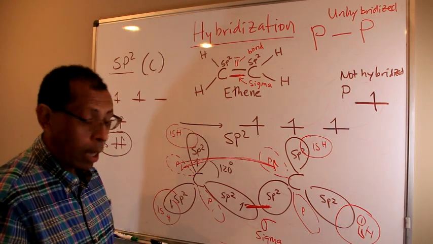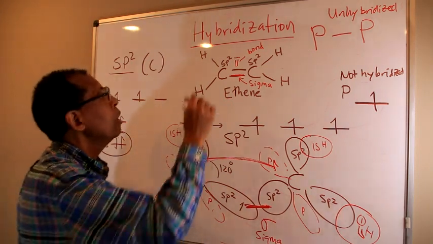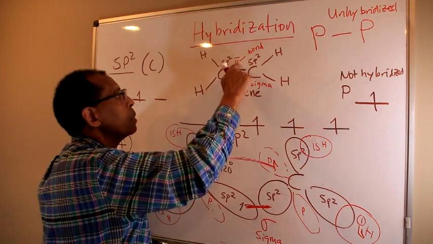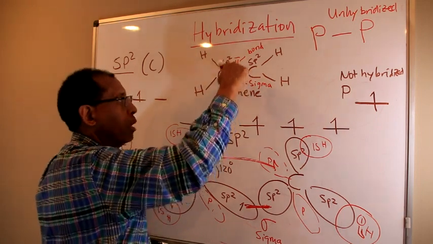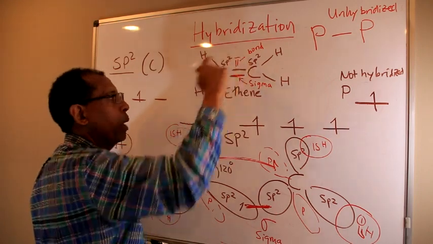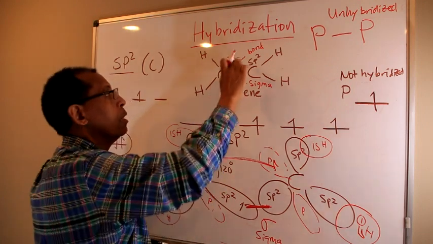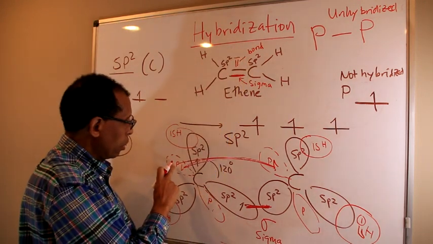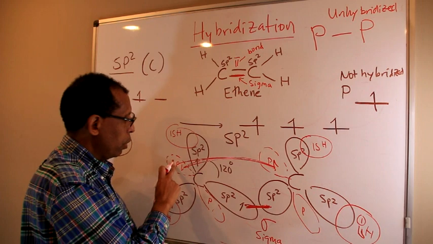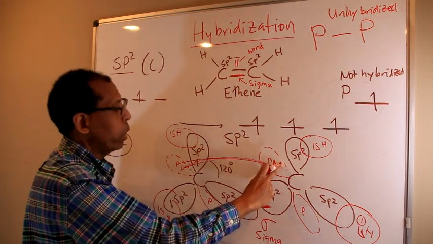So now let's identify again each one of them as a review. This pi bond, the top one, makes a double bond. The double bond is made of one sigma and one pi bond. The pi bond is made from the interaction of the unhybridized p orbital on this carbon and the p orbital on the other one.